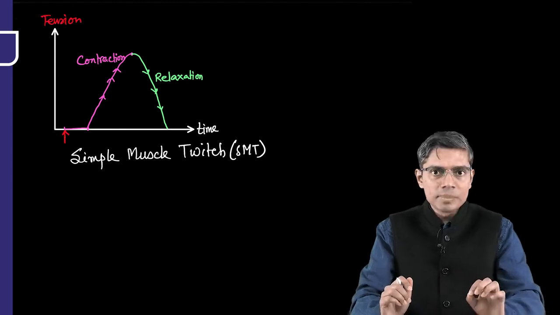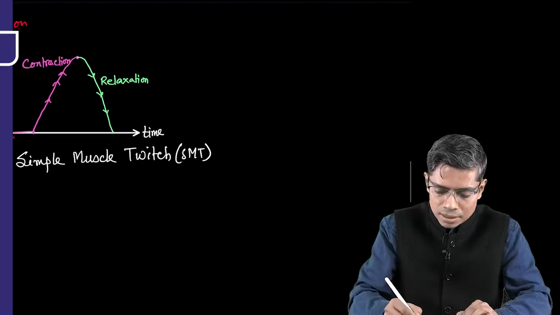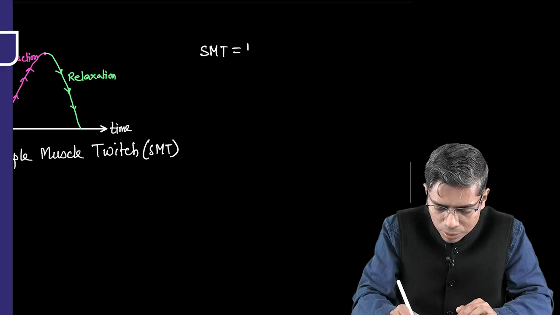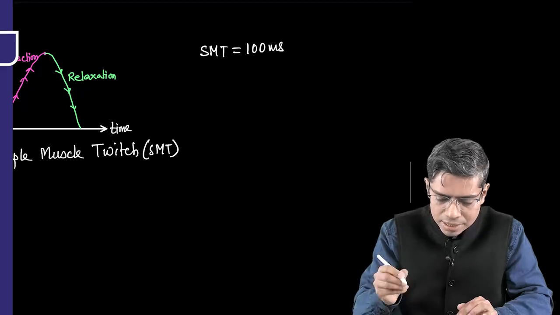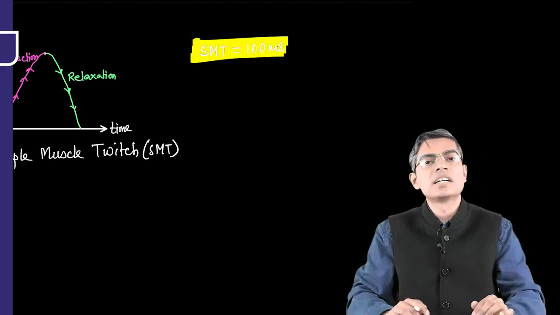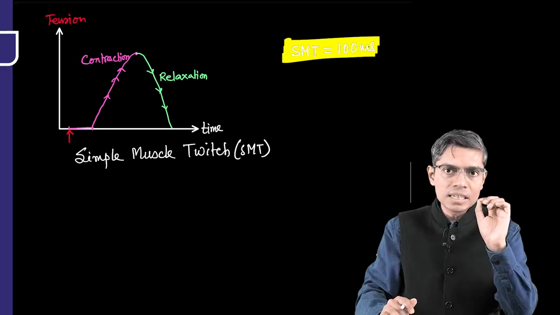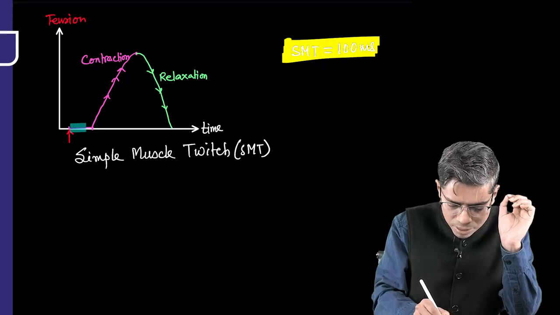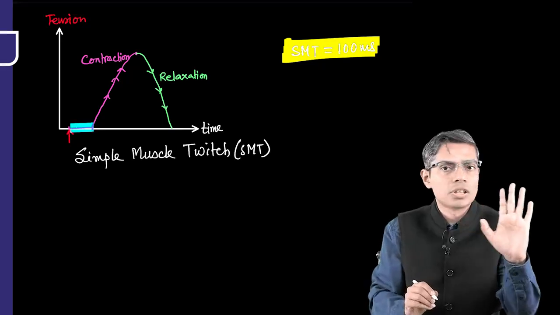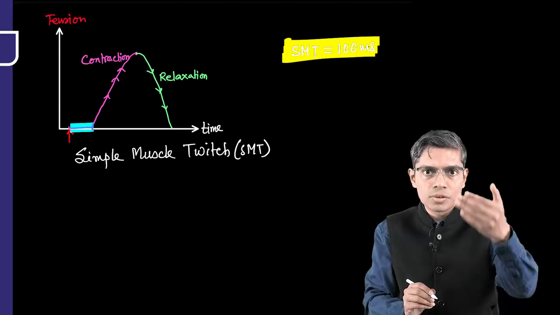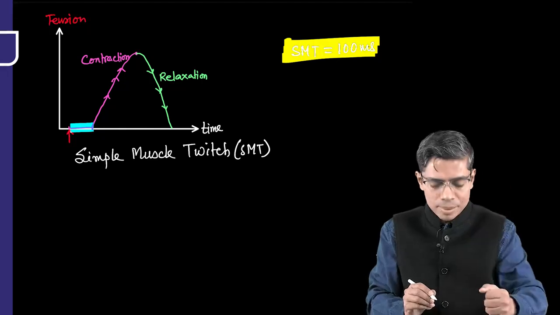Now, normally in skeletal muscle, the duration of this simple muscle twitch is around 100 millisecond. This can be an MCQ in future, so try to remember 100 millisecond. Within this 100 millisecond, the first 10 millisecond is the period where the muscle is not contracting, but the action potential is traveling down the neuron, then crossing the neuromuscular junction, then the molecular mechanism.